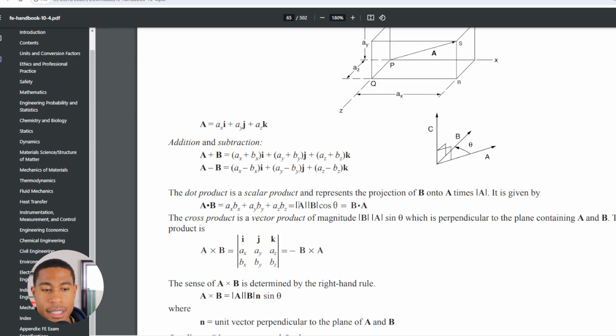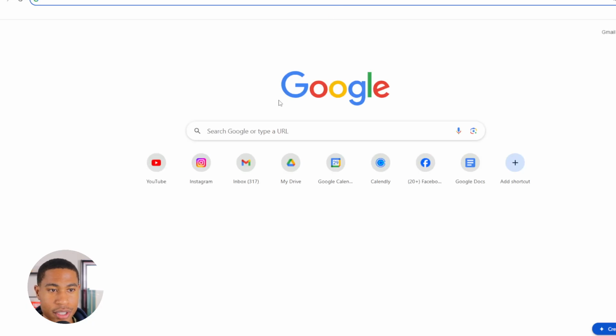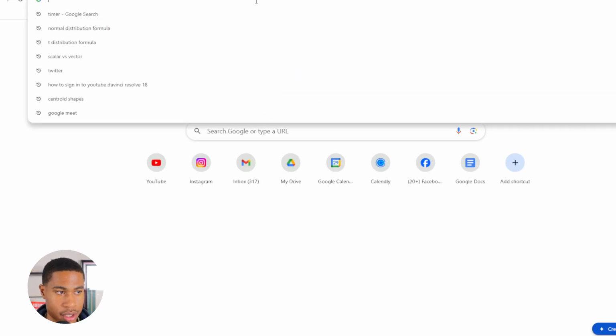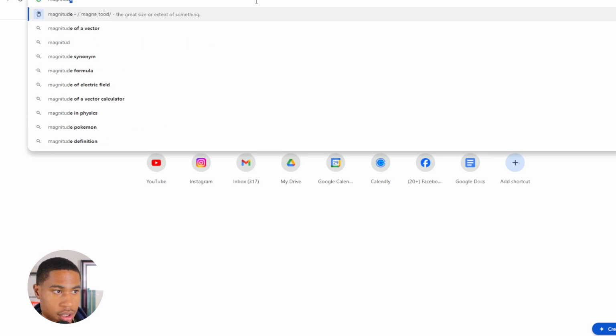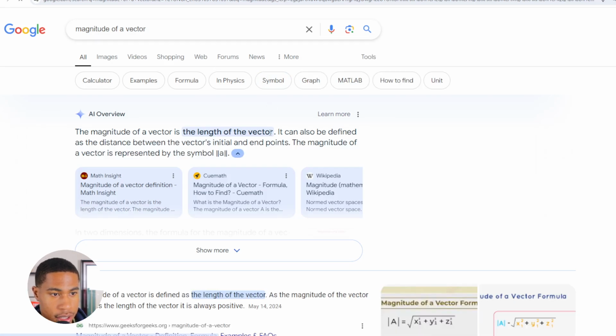And that's all equal to the magnitude. So what is the magnitude? The magnitude is just your a_x squared plus your a_y squared. Your magnitude, and I'll just do a quick Google search so that you can see what it might look like.